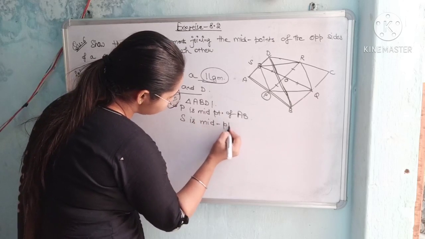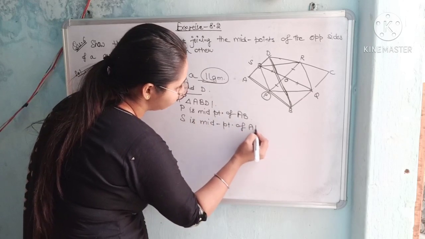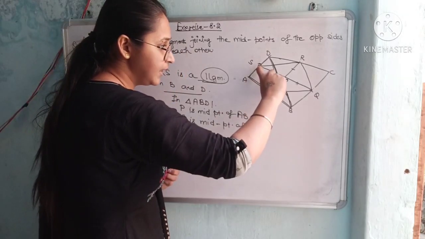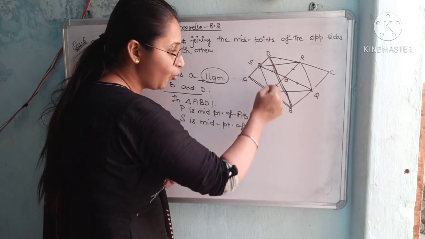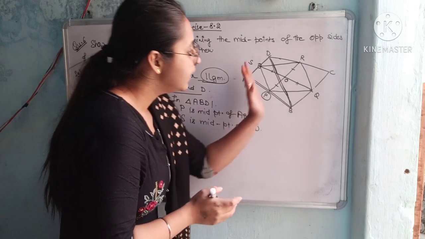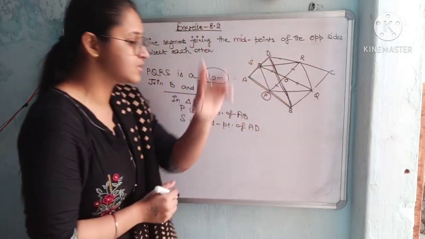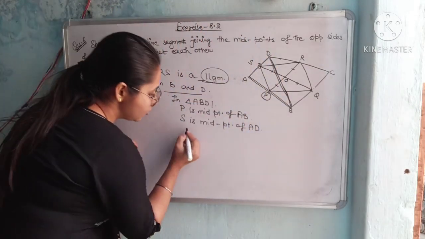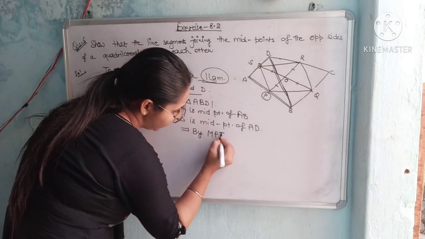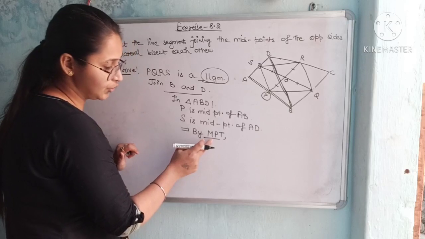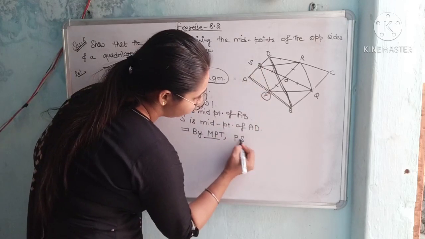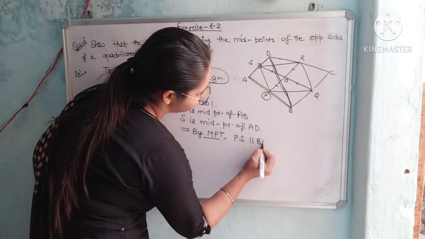And what was the midpoint theorem? By the midpoint theorem, the line segment joining the midpoints of any two sides of a triangle is parallel to the third side. So it implies by the midpoint theorem, MPT, PS will be parallel to BD.